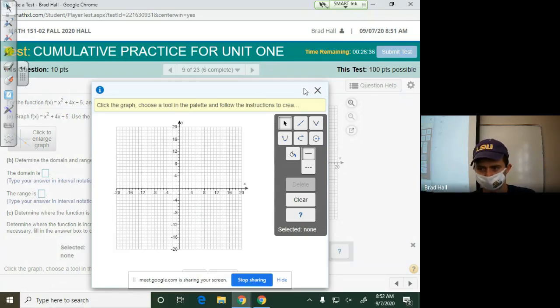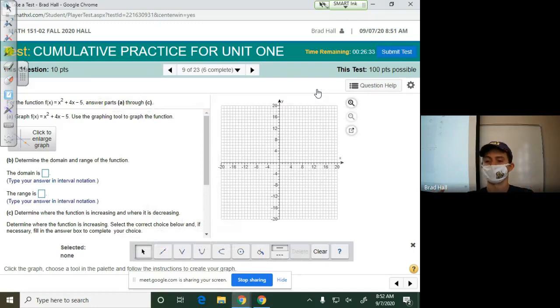So let's kind of go through that process. Now that we know what we're looking for, if you haven't watched the video, the main theme I repeat through the whole video is that you need to find the vertex. So you need to find the vertex.